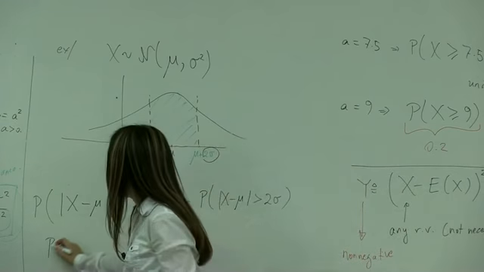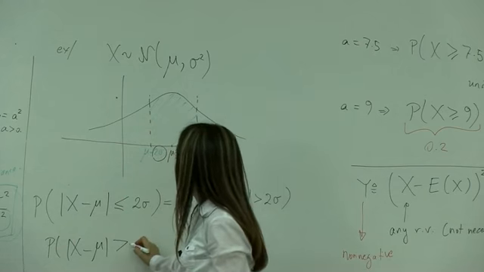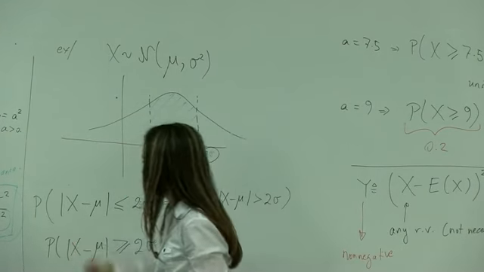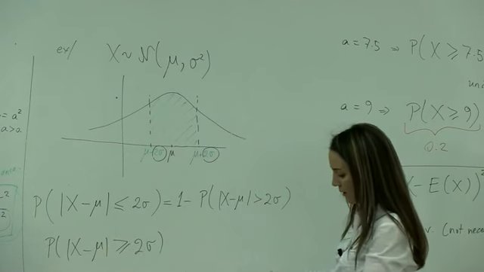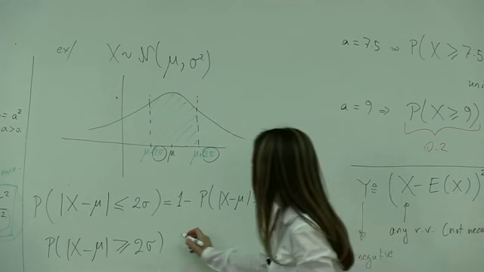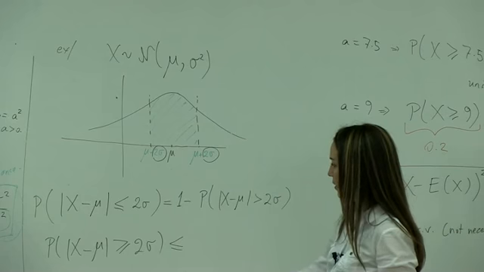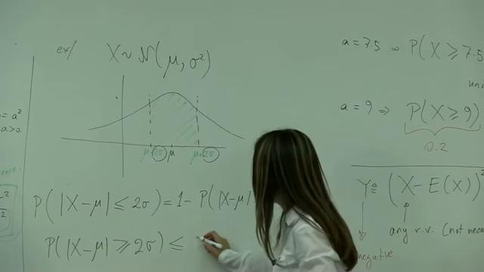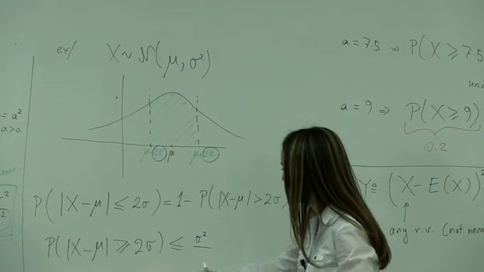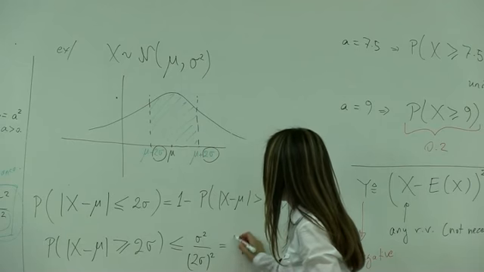Now, the probability that the absolute value of x minus mu is bigger than or equal to 2 sigma is, by the Chebyshev inequality that we just proved, less than or equal to the variance of x, which is sigma squared, over the square of this value here. It's 2 sigma squared, so 1 over 4.